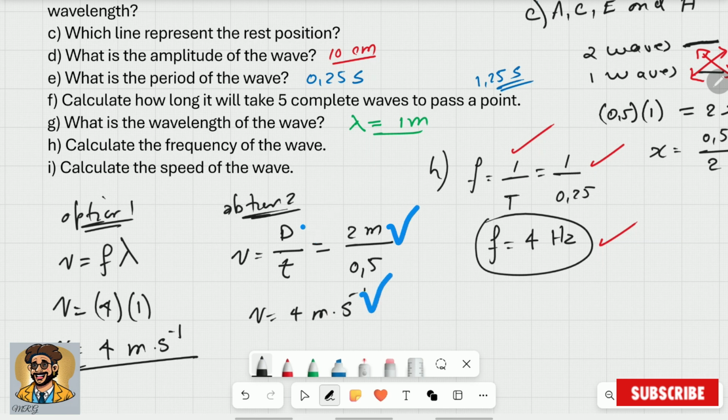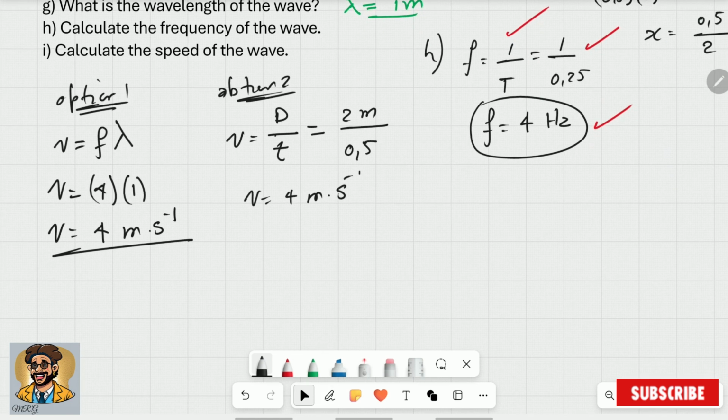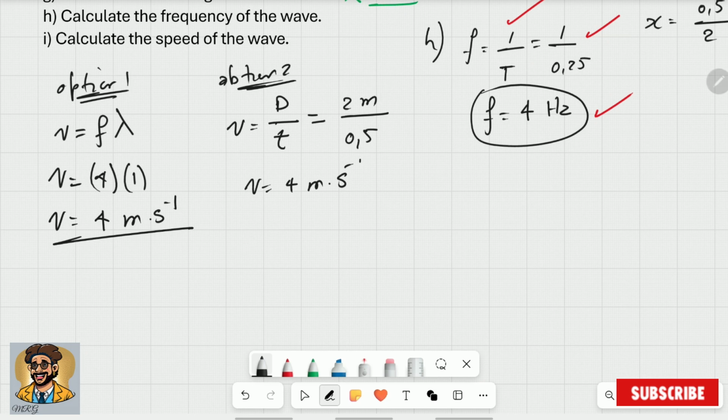Are you following me? And option 3, let's write it here at the bottom. You don't have to do all of them. I'm showing different ways of doing it. Maybe not everyone uses the same option. Option 3: speed is equal to wavelength divided by period. So we can also do that.